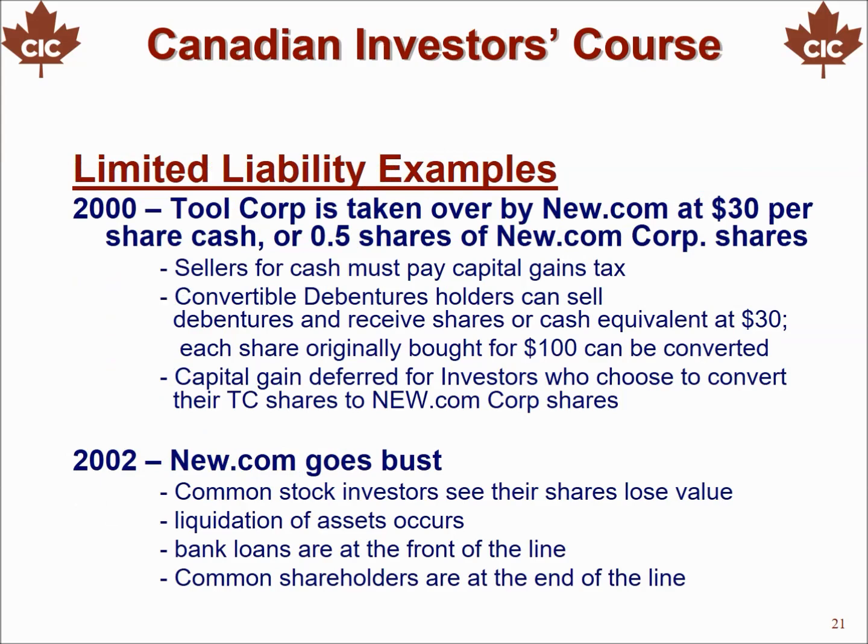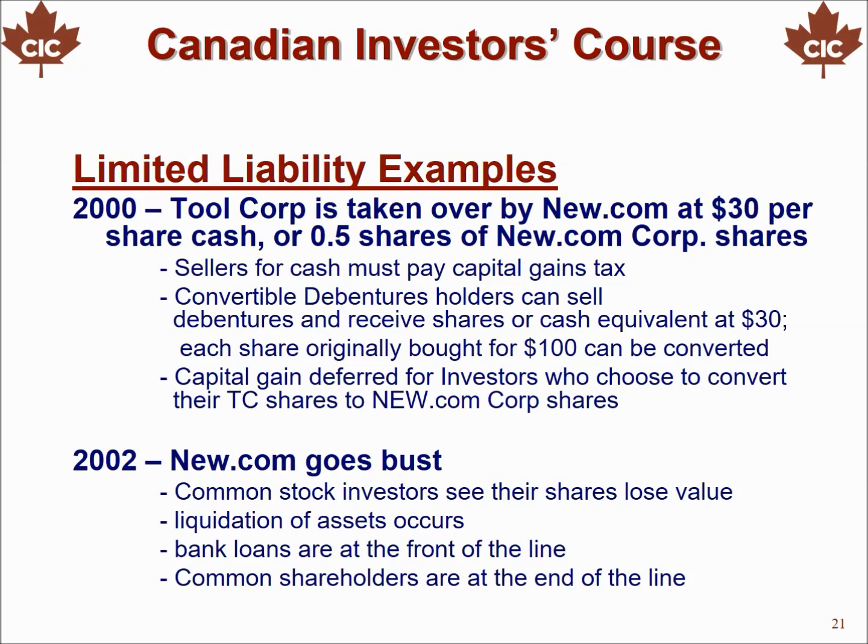Now, let's look at some limited liability examples. Going back to Tool Corp. In 2000, Tool Corp was taken over by Newco at $30 a share, or half a share of New.com shares. So sellers for cash must pay capital gains. Convertible debenture holders can sell debentures and receive the shares or cash equivalent at $30.